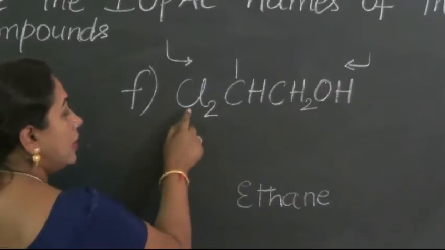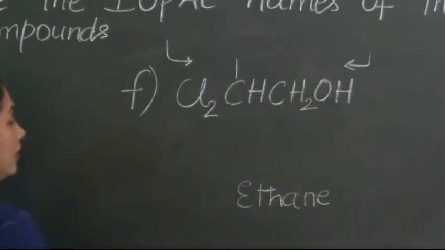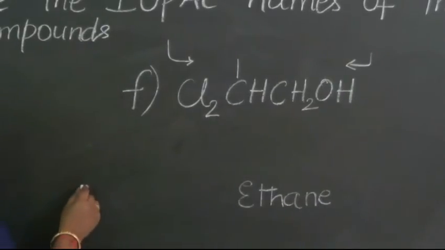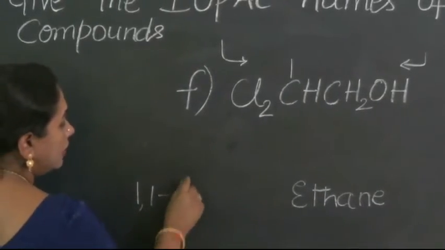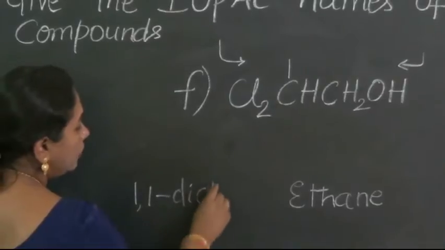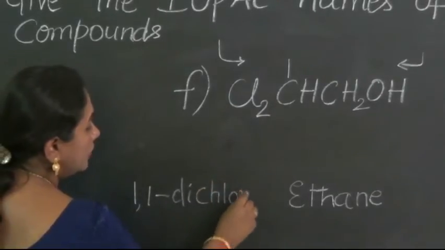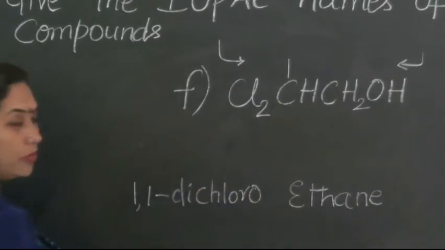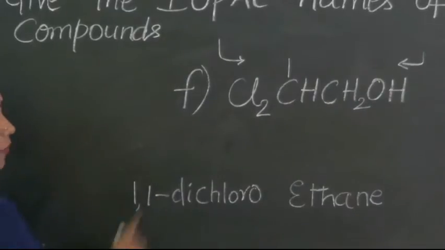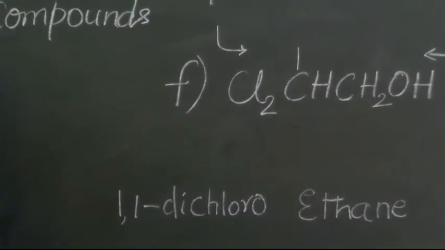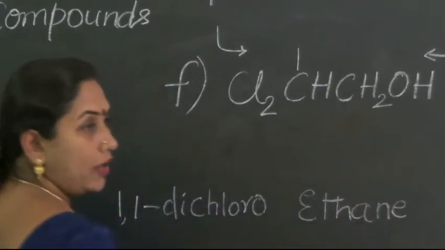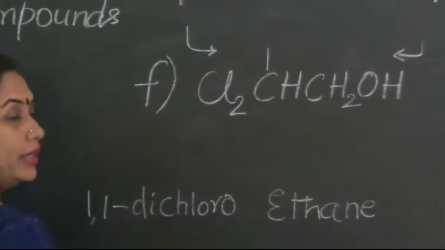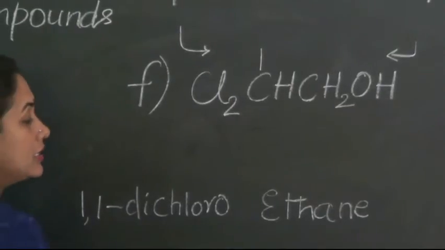When we do so, this carbon atom will be taking the number 1. Because there are 2 chloro groups here, I have to write the same locant 2 times: 1, 1. So I should name it as dichloro: 1, 1, dichloro. And what else is there? This OH has to be accommodated and that becomes the secondary suffix.